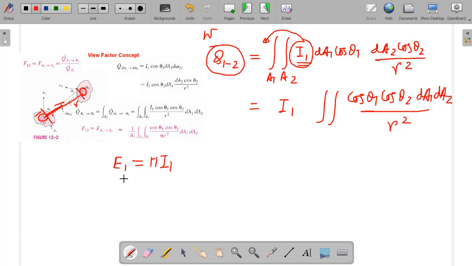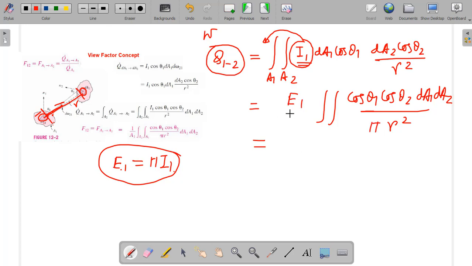Remember, both are blackbody in this case. So I1 can be replaced by E1 by pi. So you just replace I1 by E1 divided by pi using this result. If we do that, then we can write this quantity as E1 divided by pi.